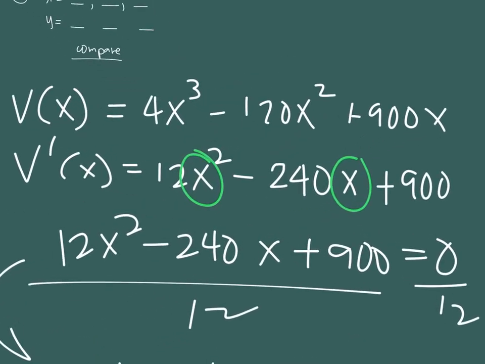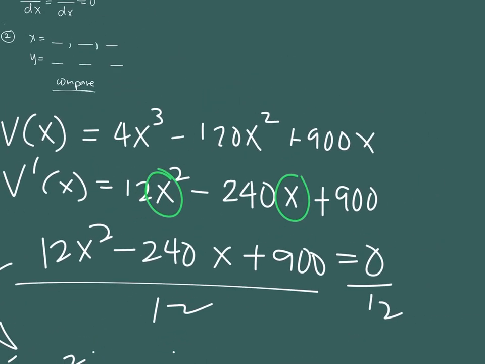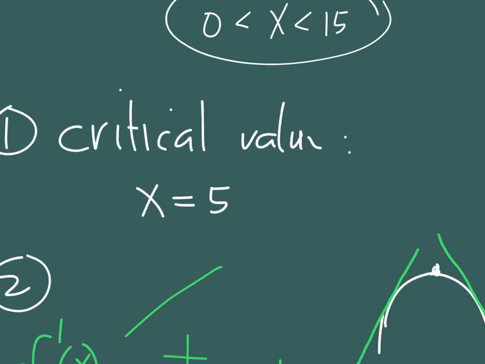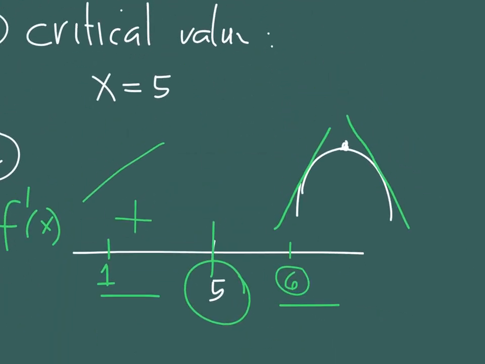So what will be our v prime of x when that x is changed into a 6? It becomes a negative number. You can actually get the actual number, but what we want to know is just the sign of the number. So based on your calculation, it will provide you a negative number.